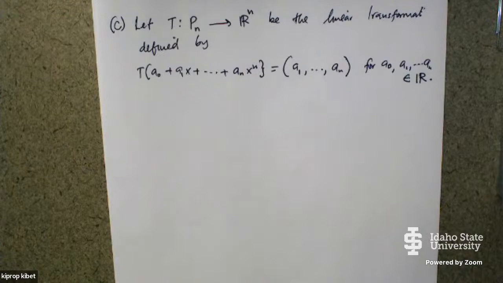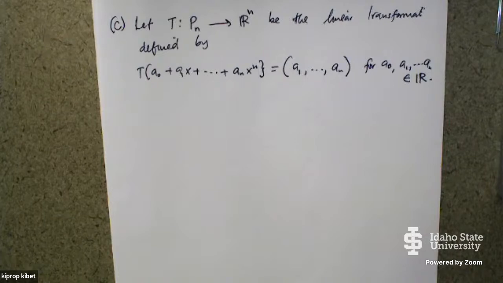So look at this transformation. T of this is a polynomial, and this polynomial is giving us a1. If we take the transformation here, then the a0 term is the constant and disappears.